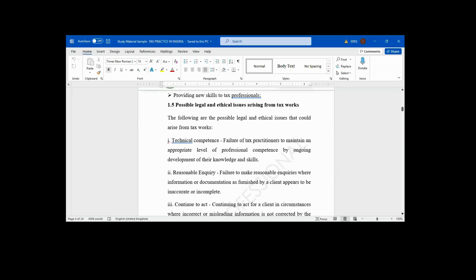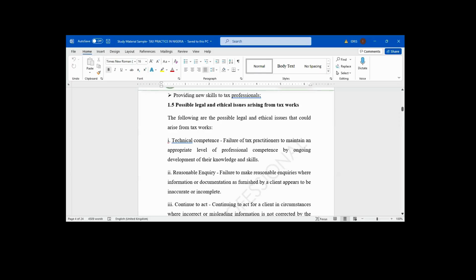One of the key qualities of a professional accountant, apart from integrity, independence and confidentiality, is technical competence. It is one of the ethical issues that ICAN lays down for their members.